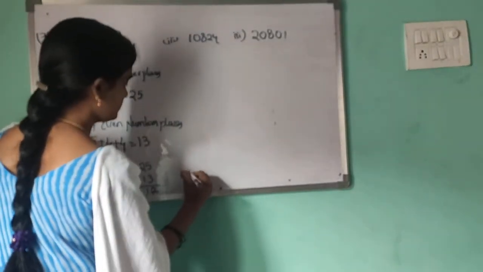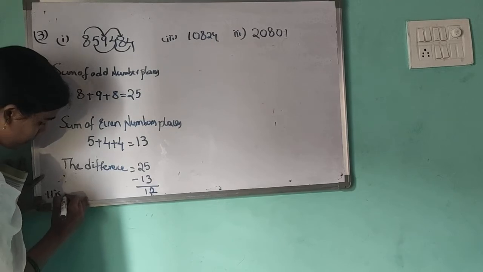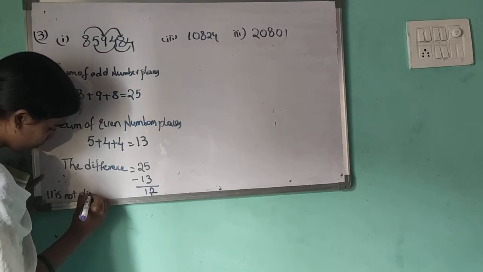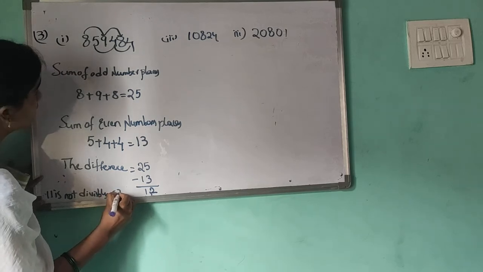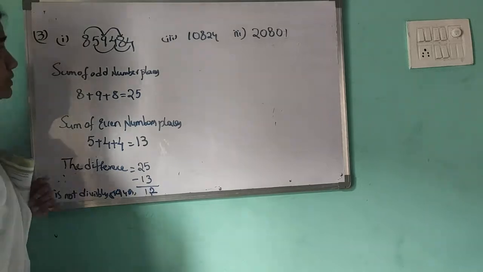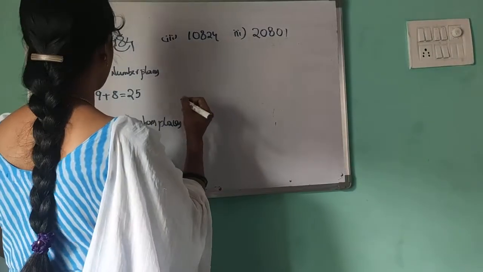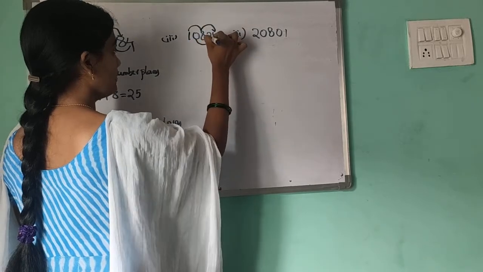So I am writing: not divisible by 11. Let's go to the second one. Here also the same: sum of odd number places and sum of even places.